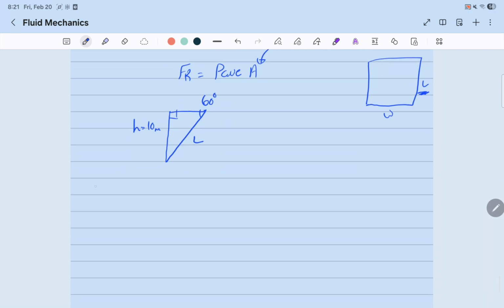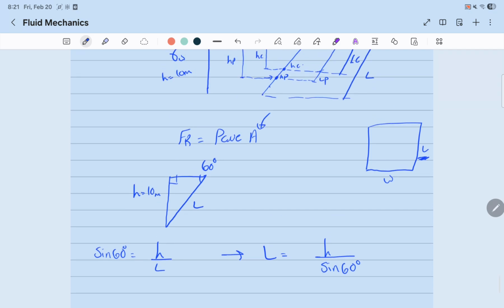Now, using geometry, sine 60 equals the opposite over the hypotenuse, which is H over L. Therefore, L equals the depth of the fluid over sine 60.